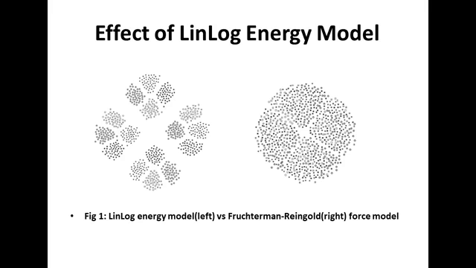It can be clearly seen that the LinLog model on the left clearly reveals clusters compared to the other model on the right. The LinLog model on the left, which clearly reveals the clusters, is what we focus on.